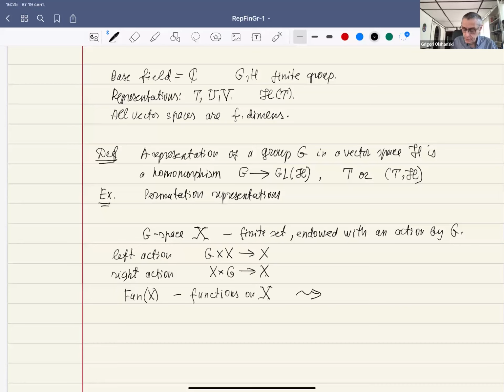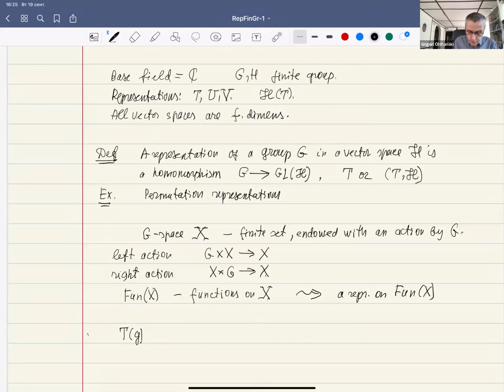This produces a representation on the space of functions, which is defined as follows, depending on the kind of action. For the left action, the formula is as follows.